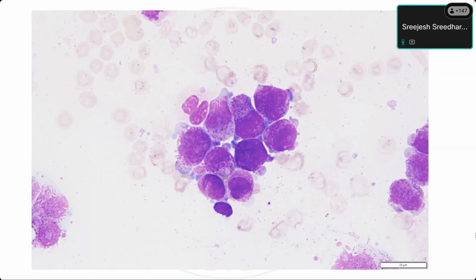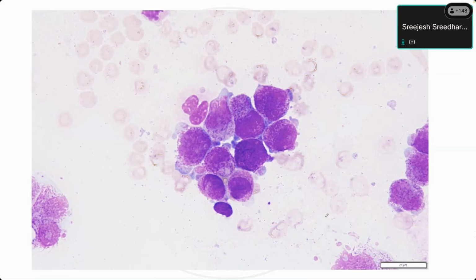If you read the textbook, there are so many different types, like some cases will have full Chediak-Higashi type of granules. There are so many varieties of so-called APML. More than 95% of these cases will be positive for MPO, nearly 99%. Nearly all cases will be strongly MPO positive.